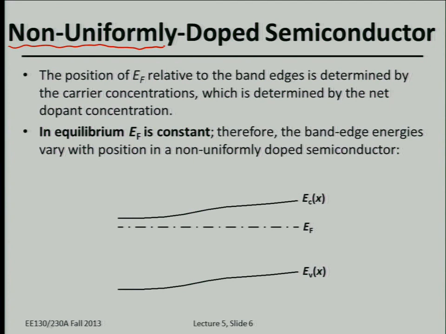In device engineering, we do several types of doping, so eventually we get some unknown-shaped, non-uniform distribution of the doping, which gives us a non-uniform distribution of the carrier concentration. Let's see what happens if we consider both drift and diffusion in semiconductor devices with that kind of non-uniform doping.